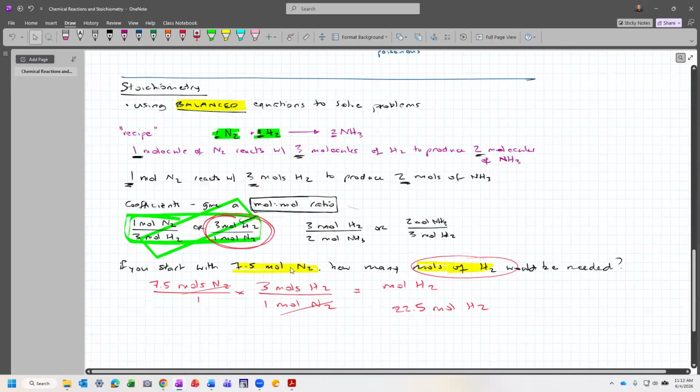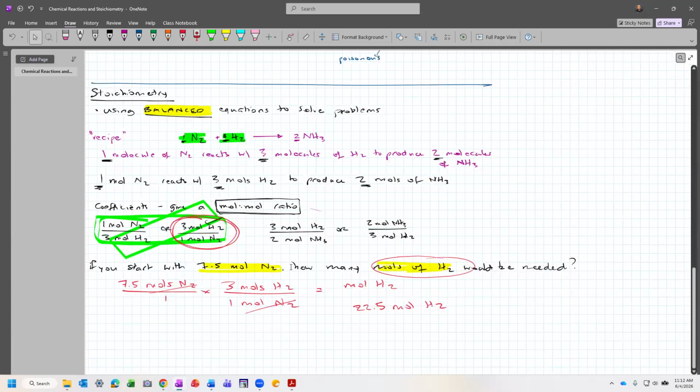Well, how often do we actually use moles? Do we measure out moles in the lab, or do we measure out masses, for example, in the lab? And the answer to that is we usually measure out masses of things or volumes of things. So how do we get from mass of one thing in an equation to mass of the other thing?